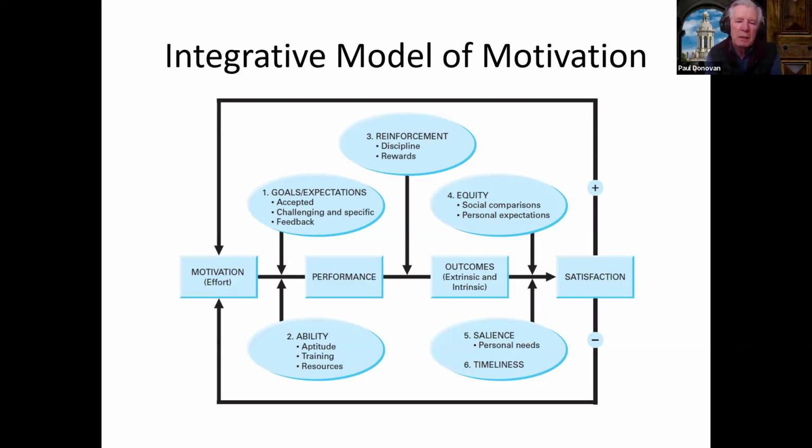Basically, you see managers putting in rewards. If you do this, I'll give you this. If you do this, I'll give you money, or I'll give you nice work. And that's really what that kind of motivation is about. Some people don't like it. Some people think it turns us into lab rats.